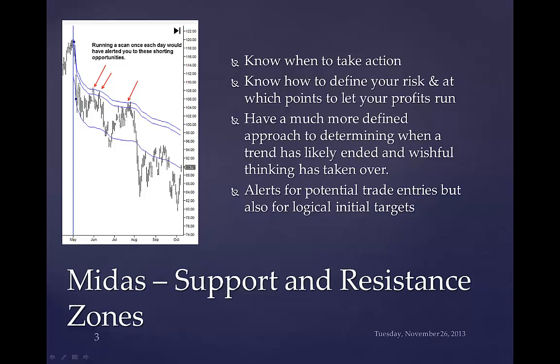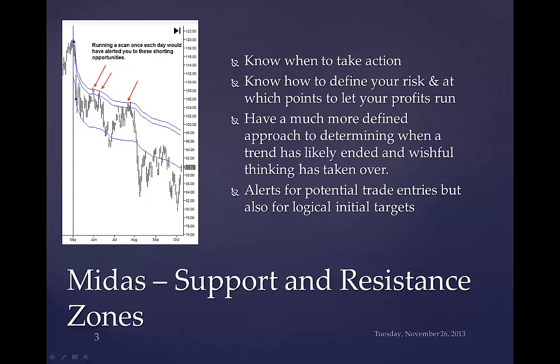It provides alerts for potential trade entries, but it also is helpful in relation to logical initial targets. I like to use a combination of targets as well as a trailing type stop.